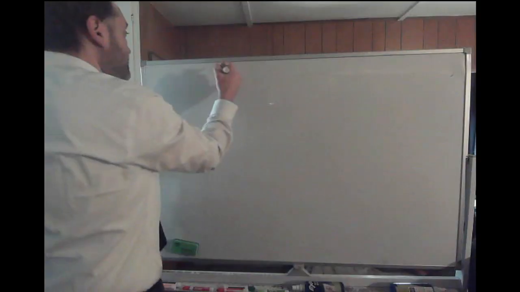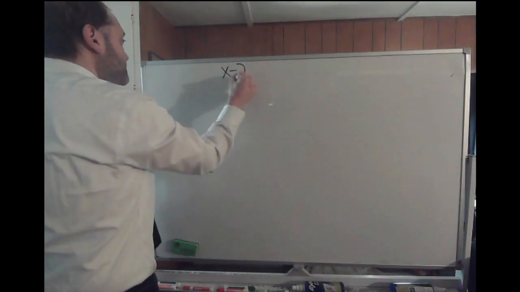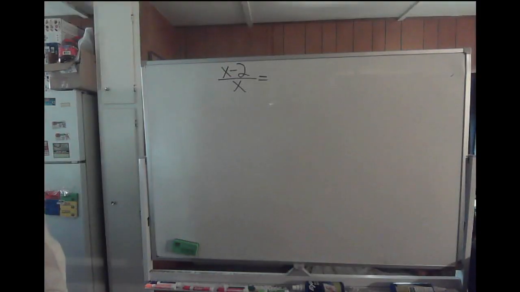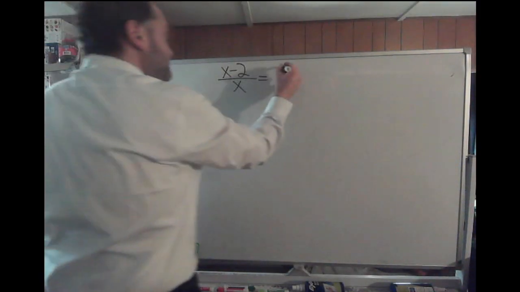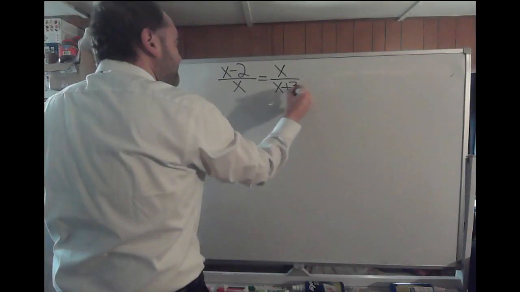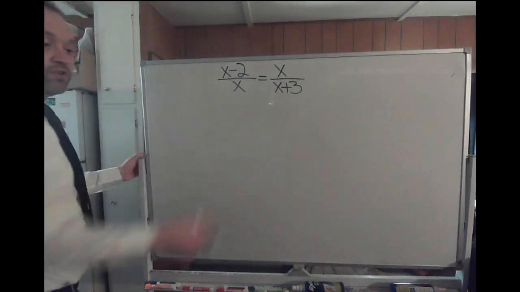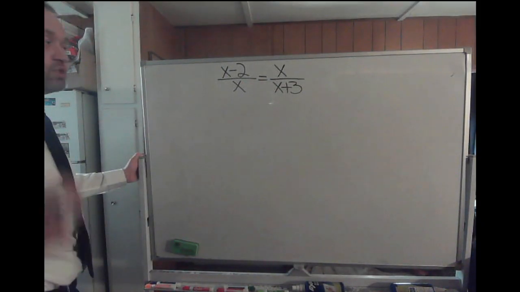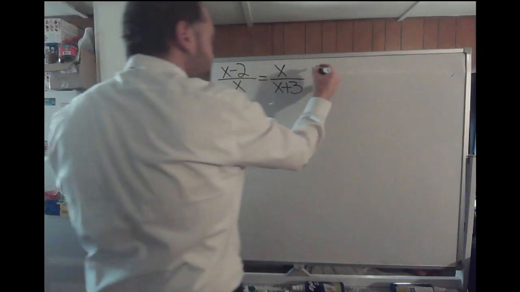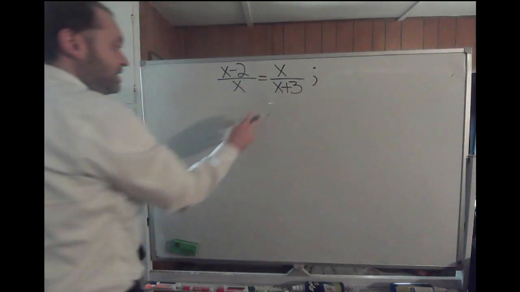All right, 5 more and we're done for the day. So I have x minus 2 all over x is equal to x all over x plus 3. Well, once again, set each of your denominators equal to 0 to eliminate any values which would make the denominator 0, which would make this expression undefined.